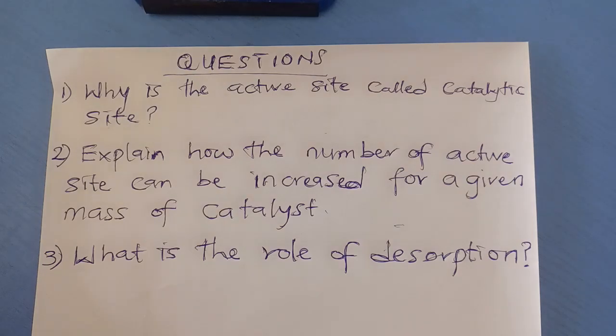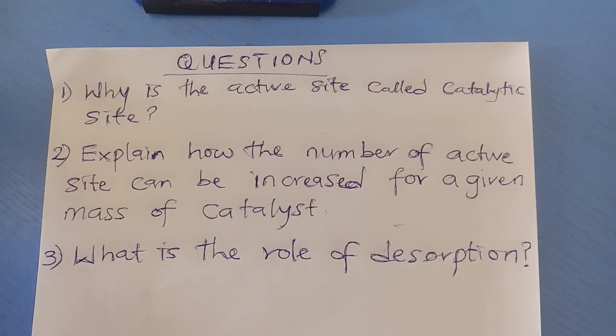of catalyst. The number of active sites, as I told you, in the active site you have reactive functional groups that help in the chemical reaction. So how do you now increase the number of active sites for a given mass of catalyst?